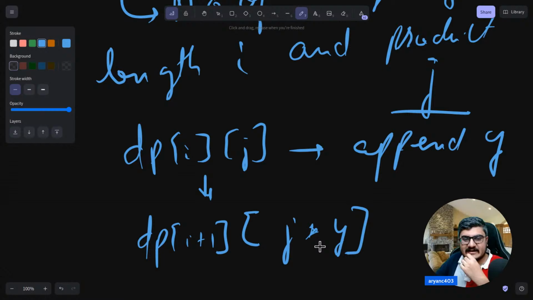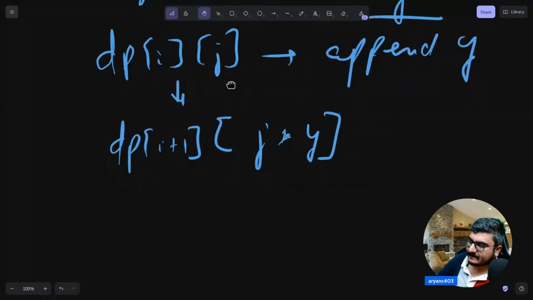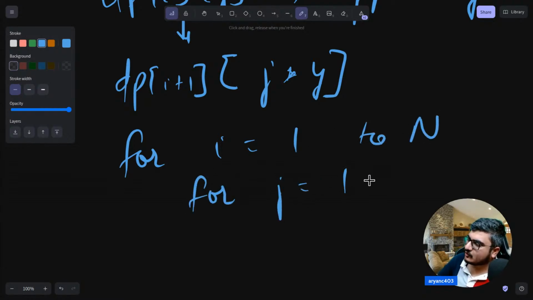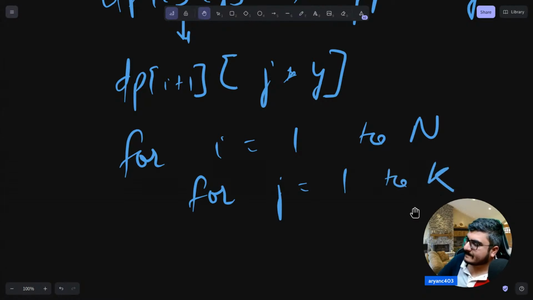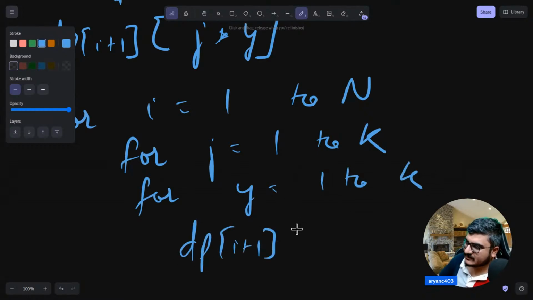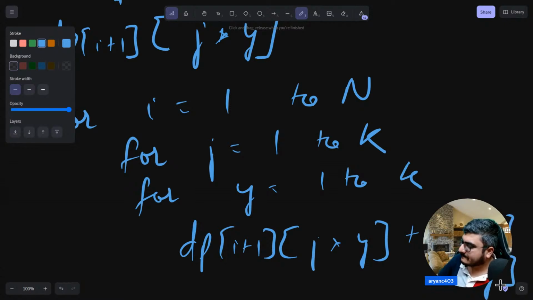So we can keep doing our dp like this: for i equal to 1 to n, for j equal to 1 to k, for y equal to 1 to k, dp[i+1][j*y] += dp[i][j].